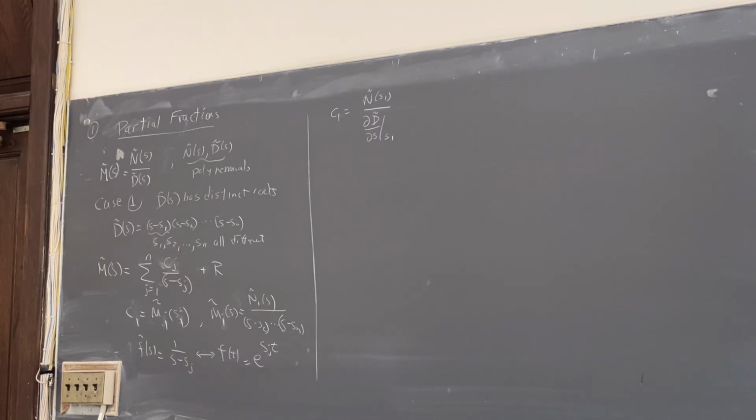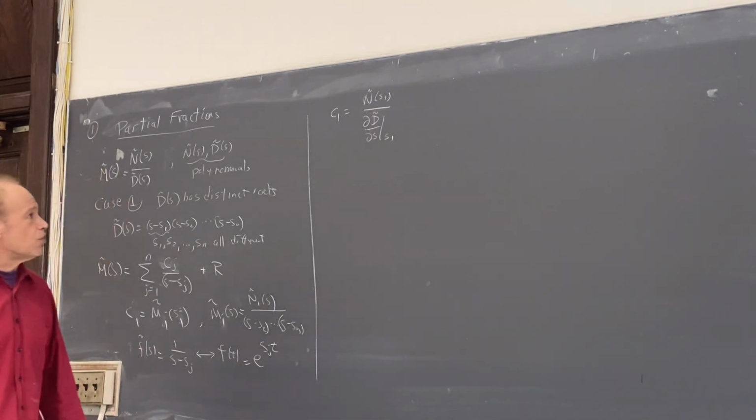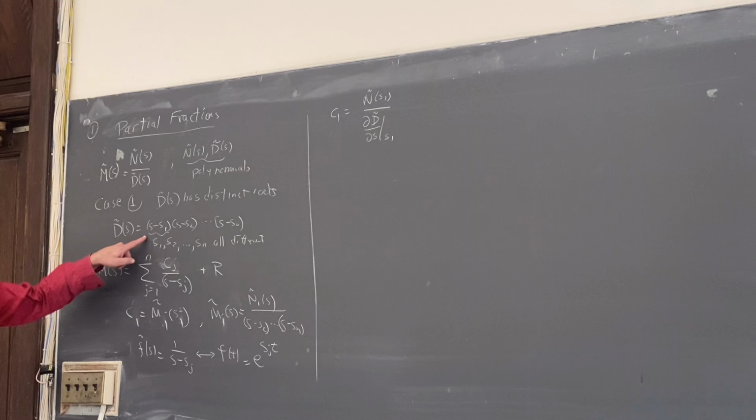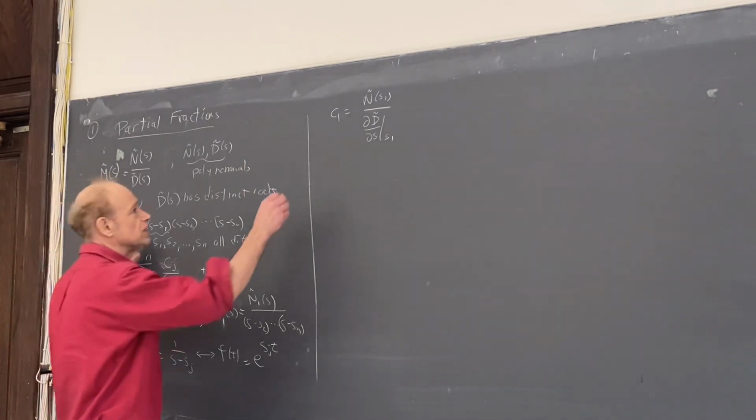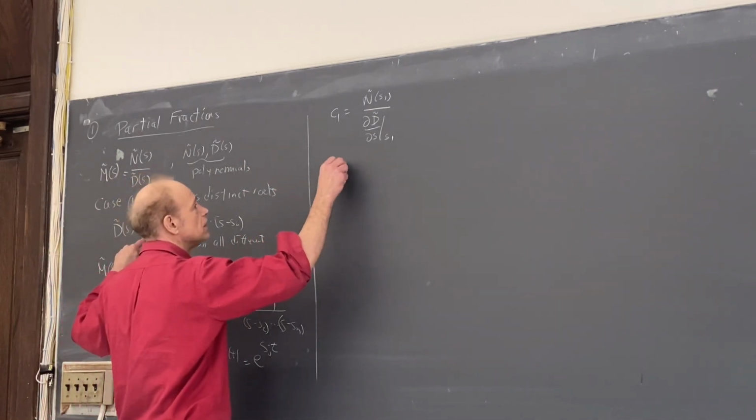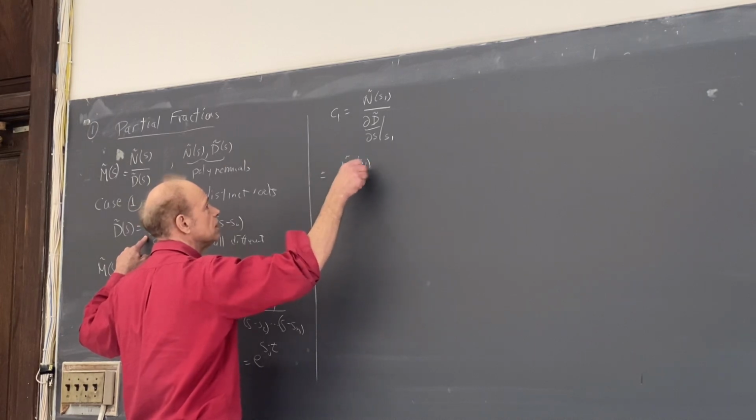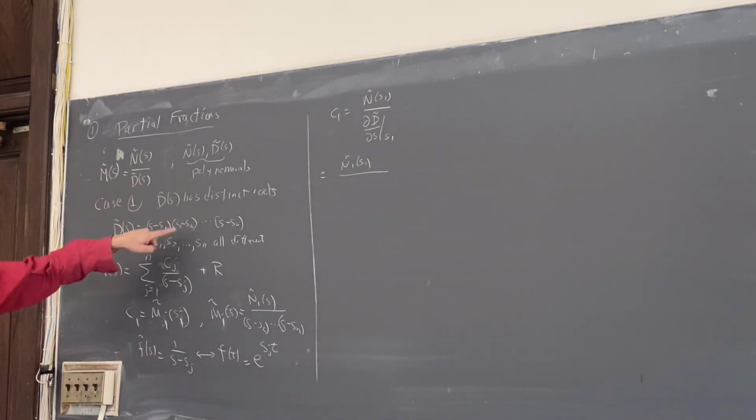And let's just verify that. Well, for a polynomial, it's straightforward. If this is d tilde, then let's look at d tilde of s1. And what's the derivative? Well, I've got the product rule.